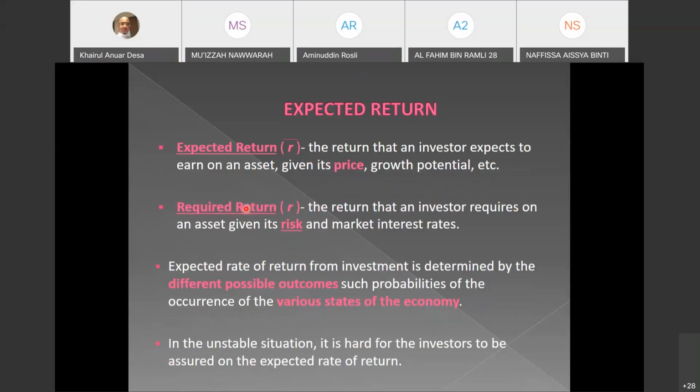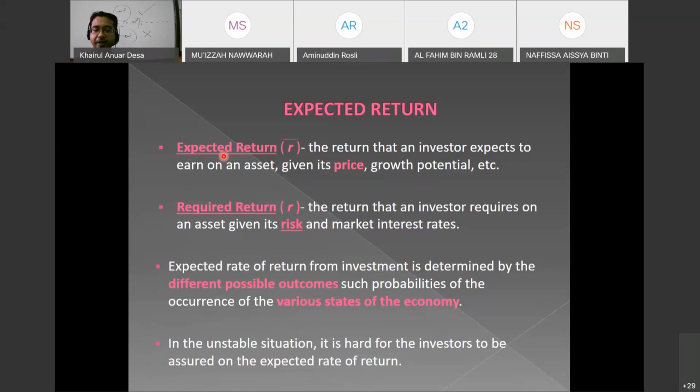Okay, kita tengok sini. R bar here. Kalau anda nampak ni R dan kemudian ada bar, is R bar or expected rate of return. What is the expected rate of return? Expected rate of return means the return that investor expects to earn on an asset given its price, growth potential, etc. Expected return means what the investor hopes to get when they are involved in any investment.